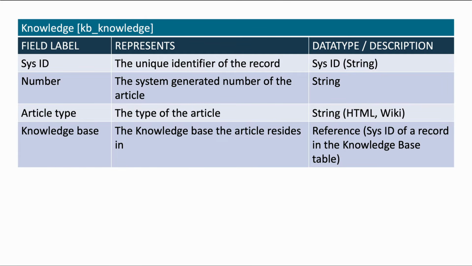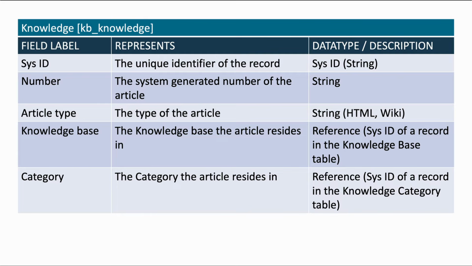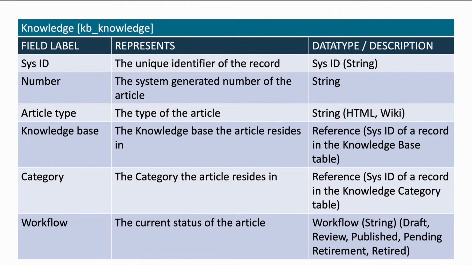The knowledge base field, and that's the one that creates the relationship between the article and its knowledge base. And the category field, which creates the relationship between the article and its knowledge category. The workflow, and that's just a string field that stores the current state of the article in the workflow process. You can think like draft, review, published, that kind of thing.